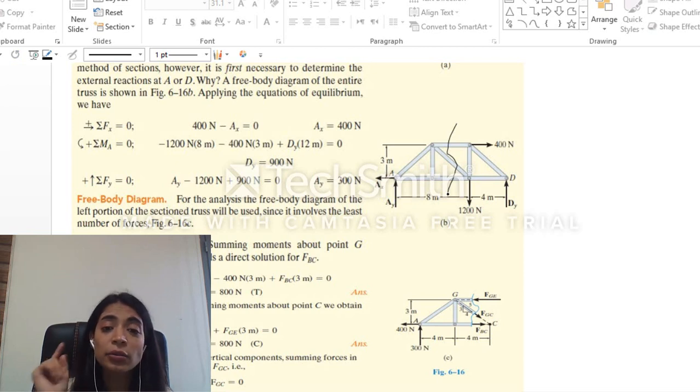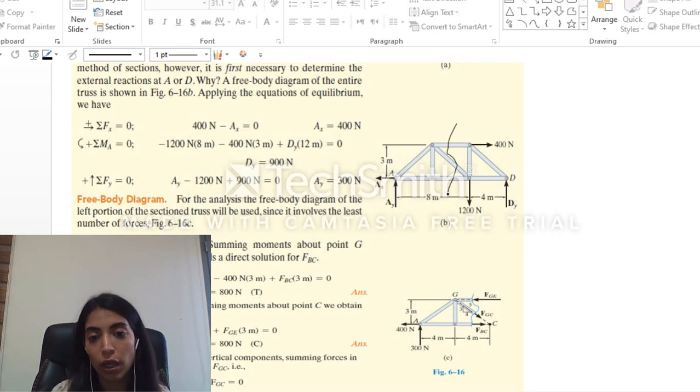Because by doing this cut, I will show all my unknowns and all my forces that I need to find. And then by doing this cut, I will have two parts. One is left and one is right.